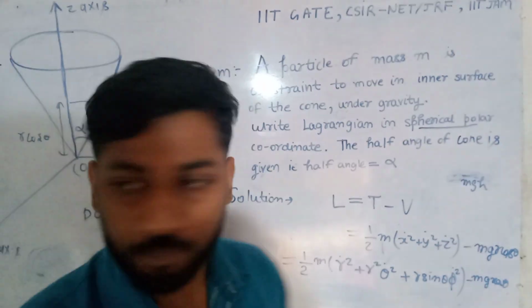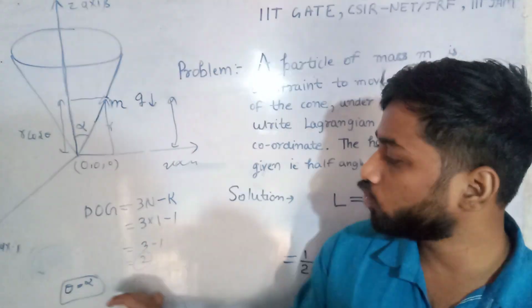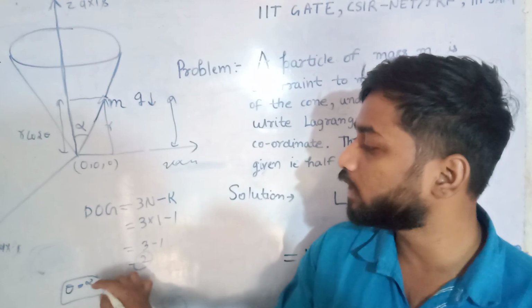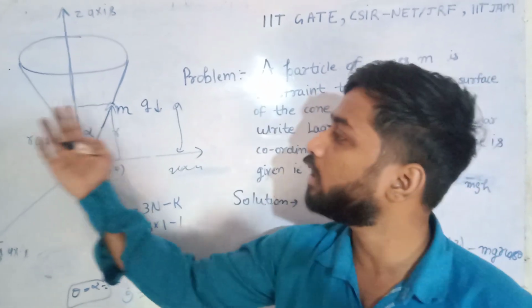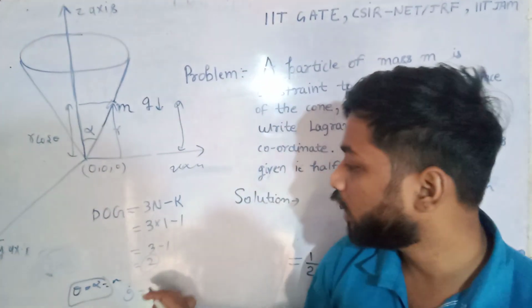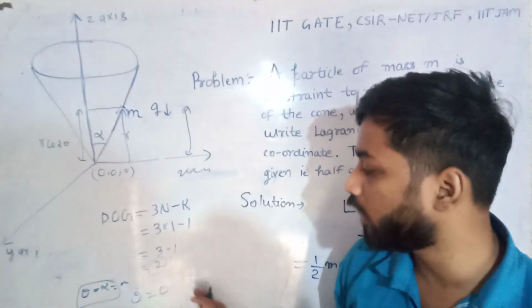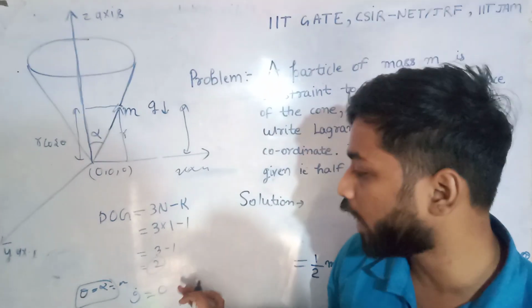So the constraint is theta equal to alpha. What will theta dot be? This alpha angle is always constant, so theta dot will be equal to 0, because the differentiation of a constant with respect to time is 0.